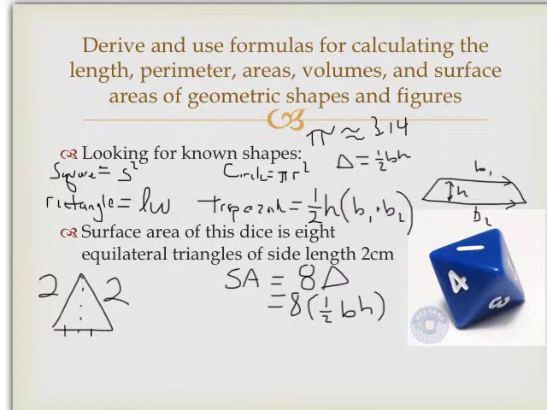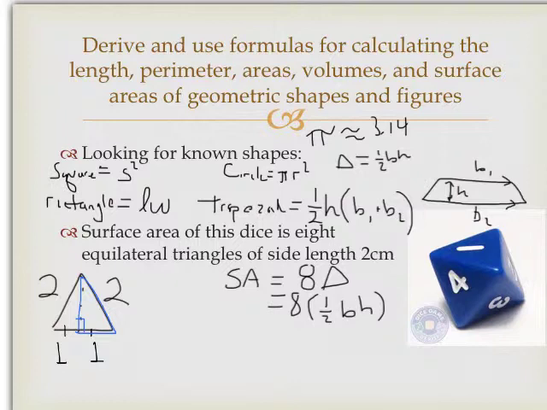So this height is actually going to cut this side in half to 1 and 1. Okay? And then this triangle that is formed, if I'm looking for the height, is actually a special right triangle, because this is a triangle where it's 30 degrees, 60 degrees, 90 degrees.